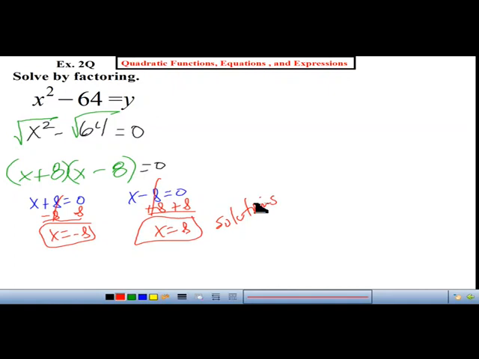Now, I'm going to give you some names that we're going to be using for Algebra 2, since we're getting close to the graphing portion. These are known as solutions, also known as roots. Why do you think they're roots? Think about it. They're also known as zeros. Why do you think they're called zeros?